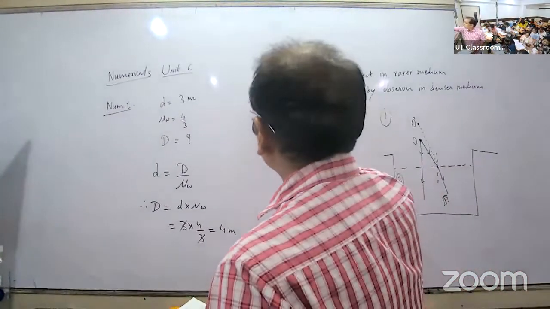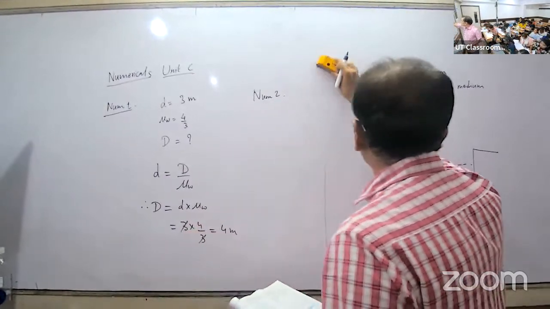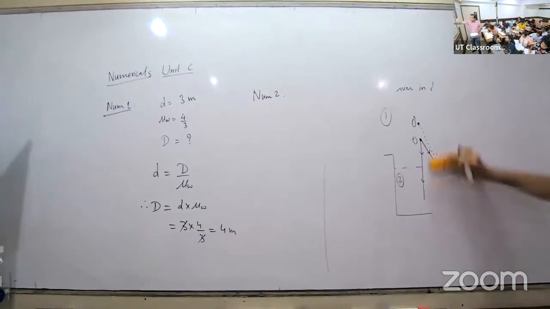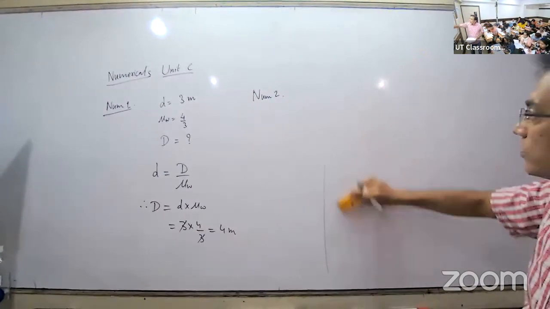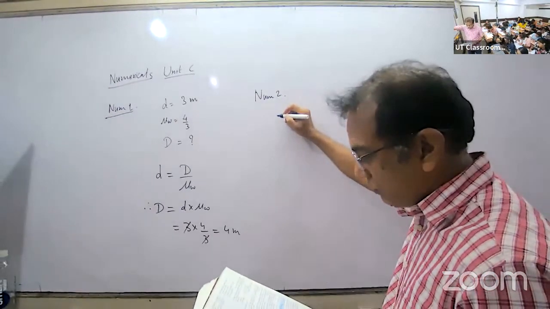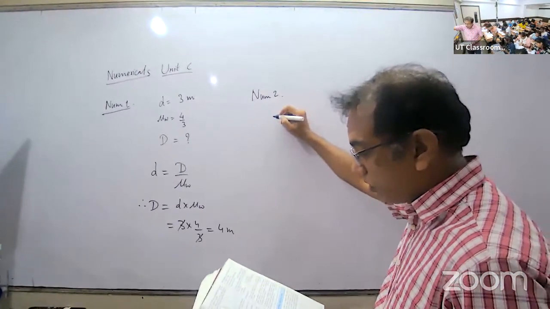Second numerical. What's the data in your book? Refractive index 4 by 3. And real depth. So we have coin placed at the bottom of the beaker containing water.